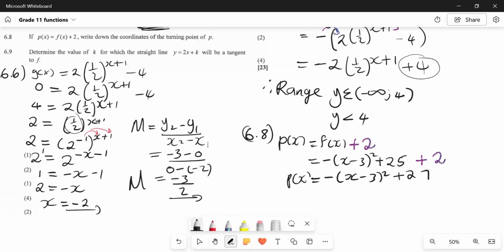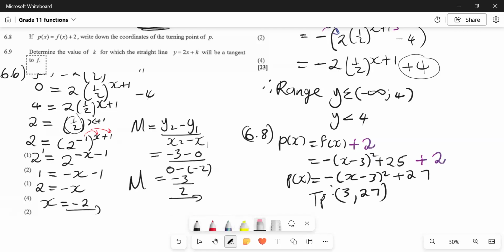So now the turning point of p from this would be (3, 27). So this is our new turning point of p. Correct. Now let's move to 6.9.